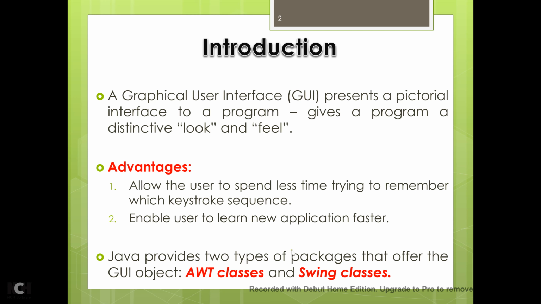Now, Java provides two types of packages that offer the GUI object. Number one is the AWT class, and number two, the Swing class. Yeah, so you have to remember these two types of packages. And another thing that you have to remember is that AWT was introduced first by Java.